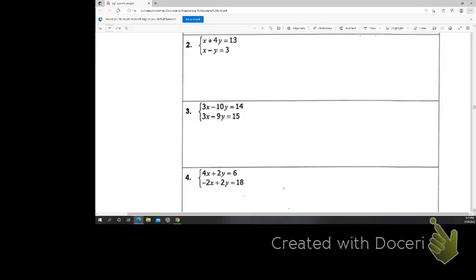So with number 2, I see that there is a single 1x in the top and the bottom equation. So the x has the common coefficient. But they are the same signs, so to get rid of them, I need them to be opposite signs. So basically I need to subtract the two equations.